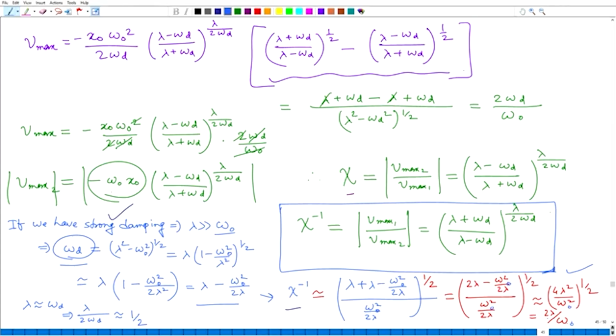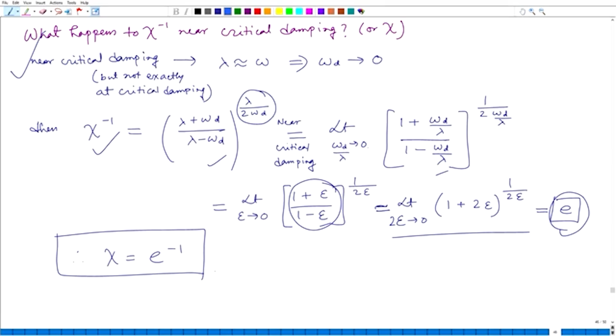So, it depends still on the medium and the nature of the oscillator, because the natural frequency is there. But when this is nearly critical damping, then you see that there is no meaning of which oscillator you are choosing and which medium you are choosing for the ratio. The ratio is a natural constant, and that is the beauty of this problem. Thank you very much.